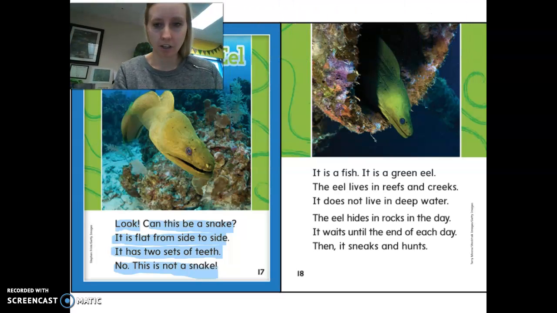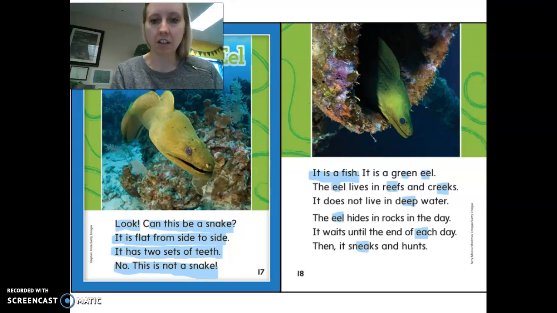Okay. Let's look for E's. Wow, that's a lot of E's. Okay, here we go. It is a fish. It is a green eel.